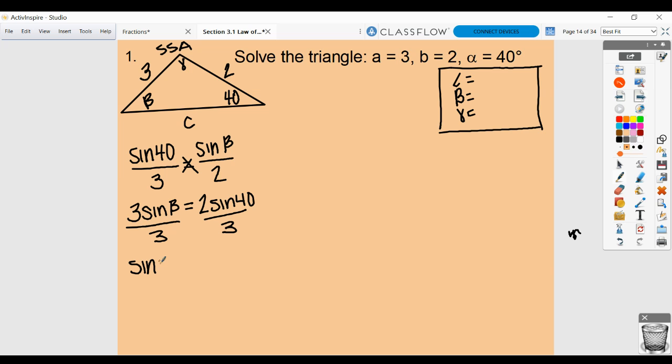Now, if you remember from before, sine of beta is an angle. So how do you find an angle? You have to do the inverse. So that is the sine inverse. And this is when you're going to type this whole thing into your calculator.